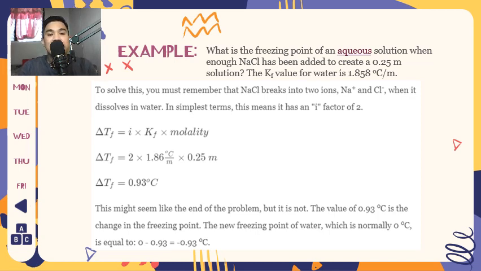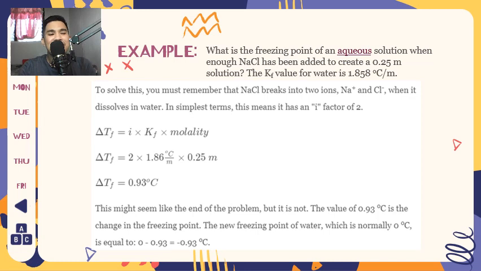So here's the solution. The change in temperature is equal to i times K sub F times the molality. So that is equal to 2 times 1.86 degrees Celsius per mole times 0.25 mole, and that yields 0.93 degrees Celsius.